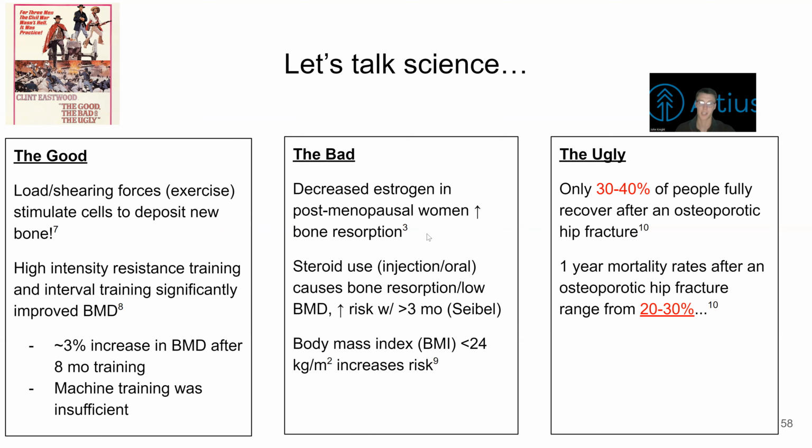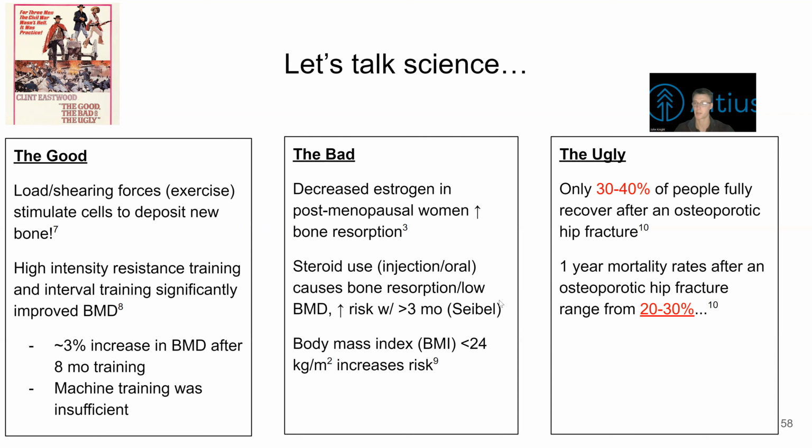The bad, like I talked about, is that decreased estrogen levels increase bone resorption. This increases the rate that those osteoclasts are chewing away at the bone. Like I talked about, steroid use, either an injection, like a cortisone injection, or an oral corticosteroid, also causes increased bone resorption.